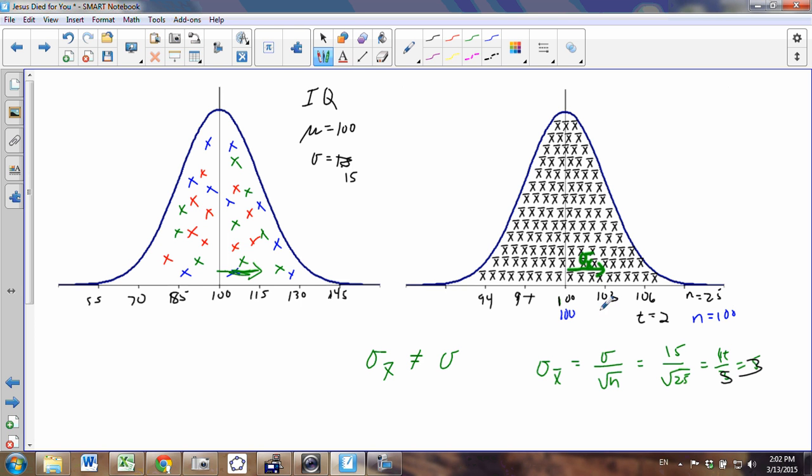That will be 1.5. So we'd have 101.5, 103. Finding a sample of 100 IQs with a mean of 103 would be just equally unusual as a sample of 25 with a mean of 106. I hope that clarifies what a sampling distribution is and how the central limit theorem works.